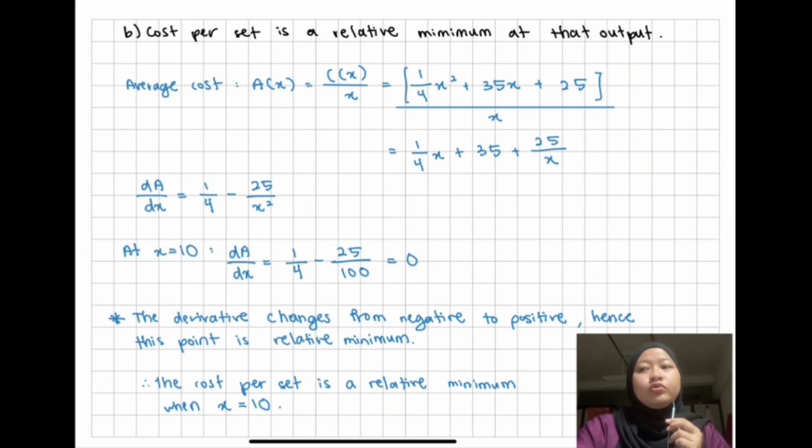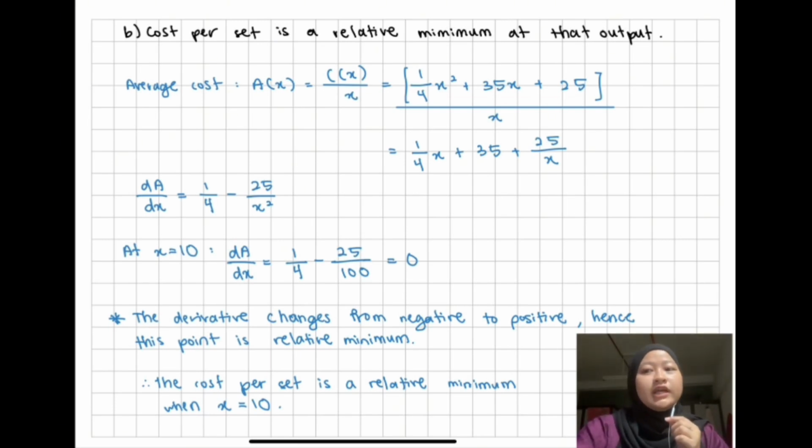And you need to differentiate the average cost, and you will get 1/4 minus 25 over x squared. When x equals 10, you will get 0 because 1/4 minus 25 over 100 is equal to 0.